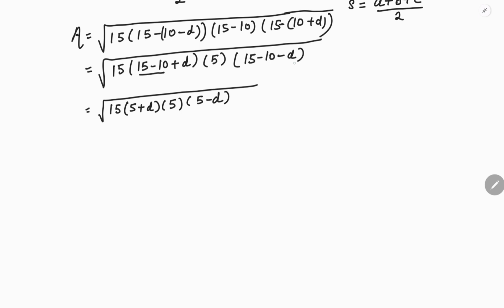When we solve this, what will we do? This is equal to 15 times 5, which is 75.